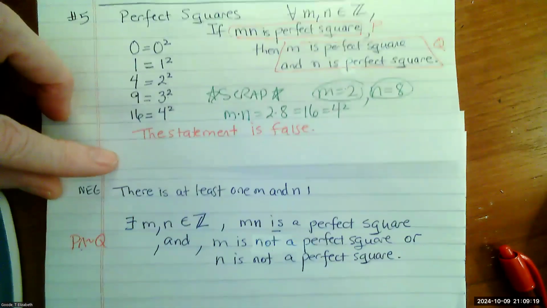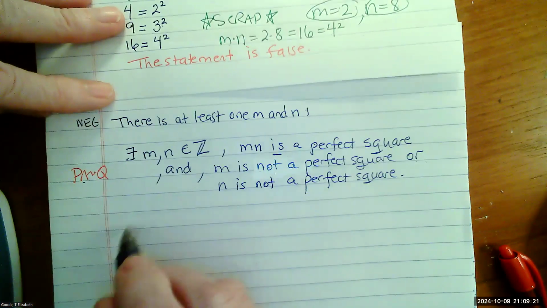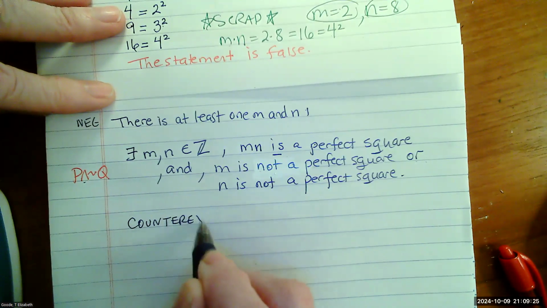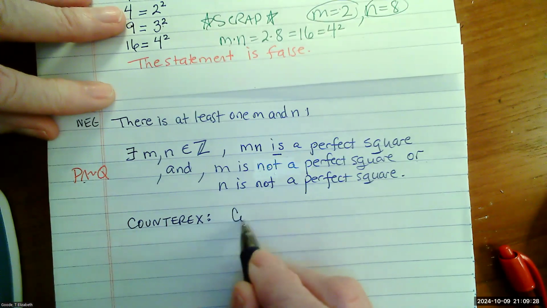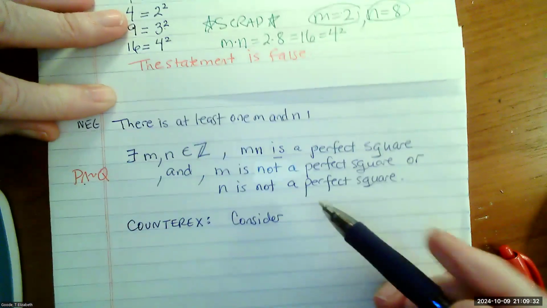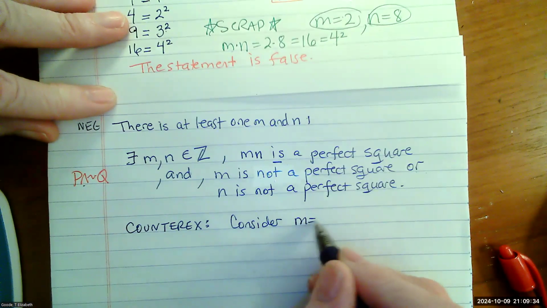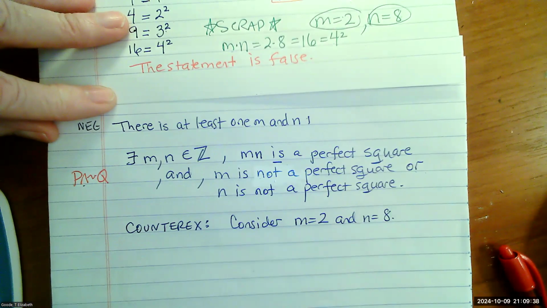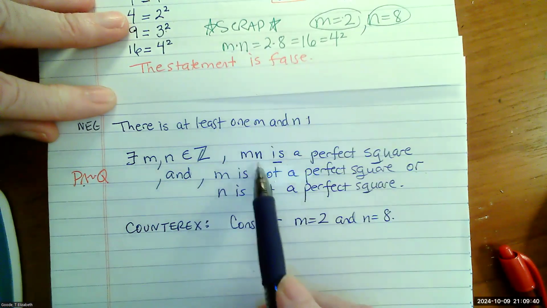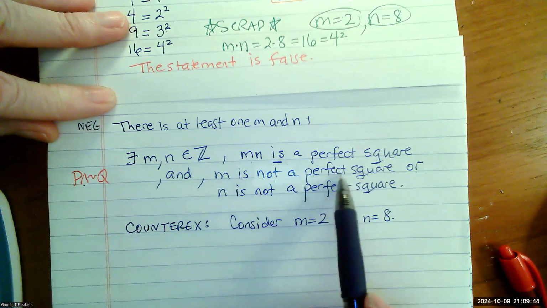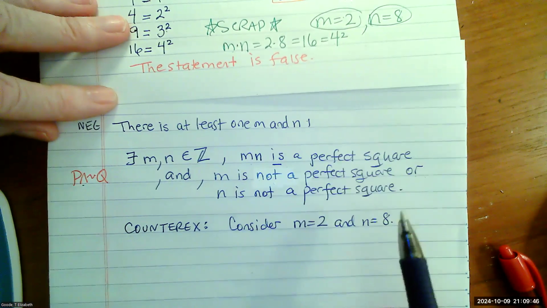When you start your counterexample, you're going to just say, I'm giving a counterexample, and you can tell your reader to consider the values that you picked. Nice job at that: m is 2 and n is 8. Then you explain why mn is a perfect square and why m is not or n is not.